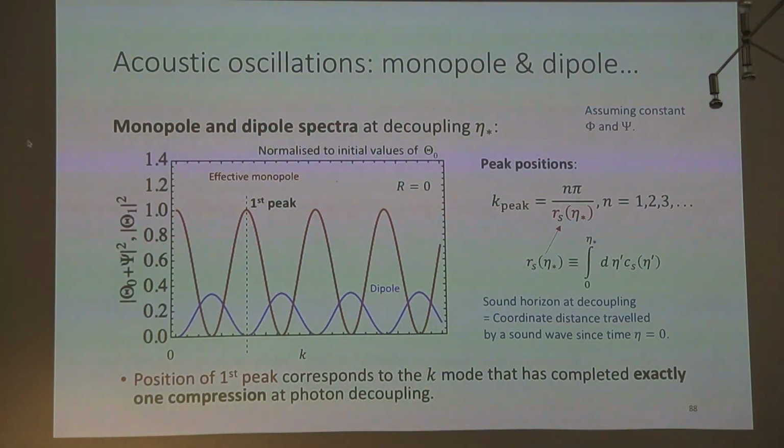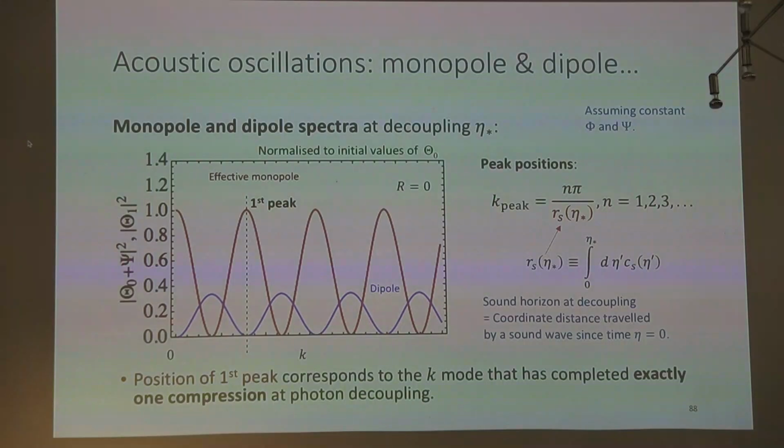Okay, because that's basically the power, if you like, in these modes. And instead of plotting this as a function of time, I'm plotting this as a function of k, the wave number. So I fix the time and I just look at a snapshot of the different modes and see what they're doing. But still, I should get an oscillatory solution, and that's what I'm seeing, right? And red is the effective monopole, and the dipole here is in blue.